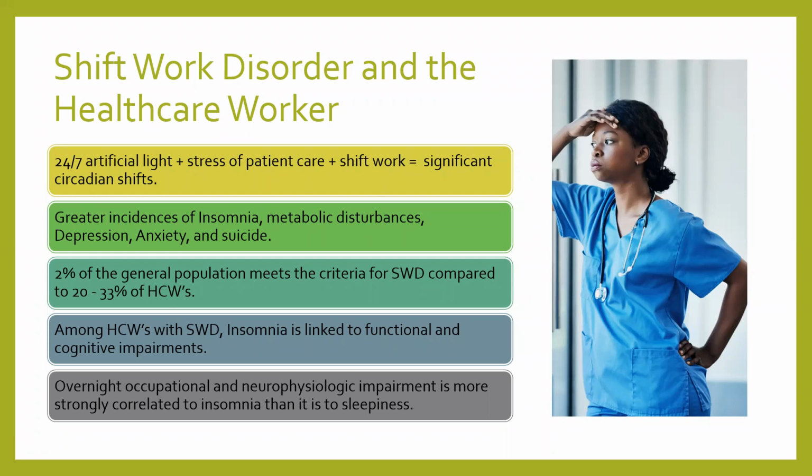What we know is that overnight occupational and neurophysiological impairment is more strongly correlated to insomnia than it is to sleepiness. So if someone says they're tired, but they're not going to fall asleep, well, if they're experiencing insomnia, we know they're having neurophysiological impairment. That means their risk factors for work-related mistakes are going to be significant.